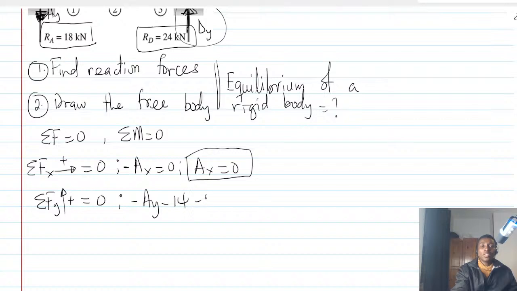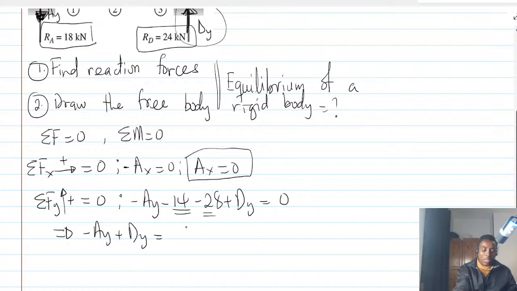So minus ay plus dy is equal to 14 plus 28, and 14 plus 28 is 42, right? Let's call this equation 1.